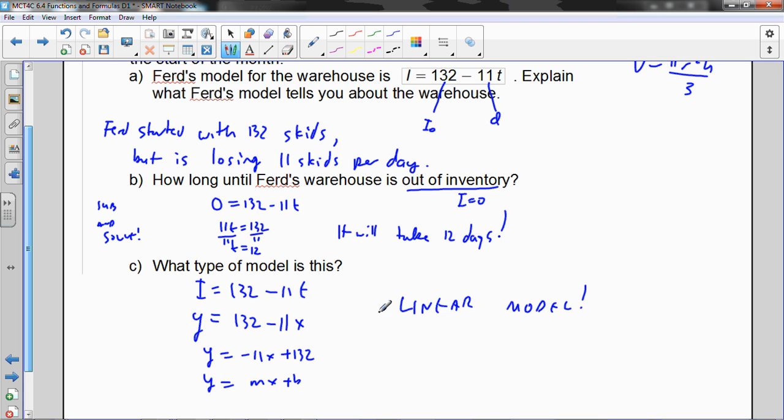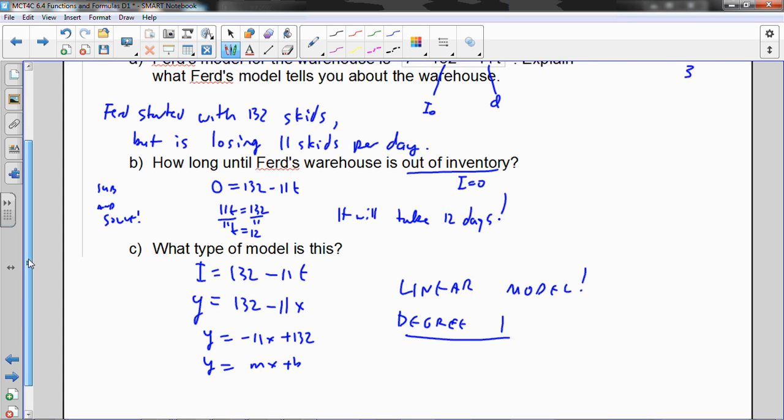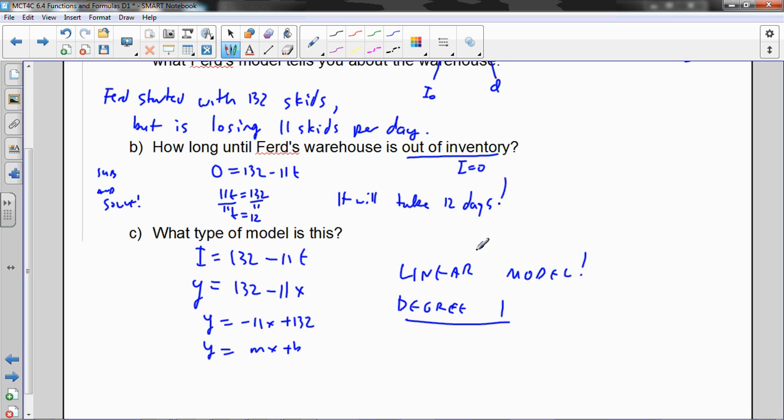Or I could say it's a degree 1 polynomial, right? Linear model. Y equals daily change times x plus 132, the initial amount. Daily change, initial amount. I probably should have recognized that straight from the question. We've done so many of these in grade 11 and back in grade 9 that we should have recognized that. But now it kind of makes sense.